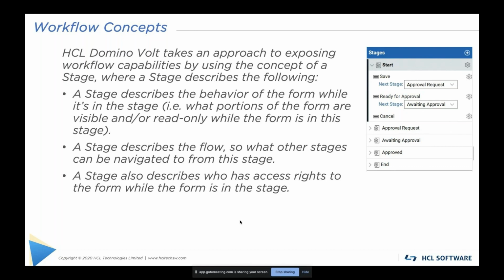It's very easy to build up a process flow within Vault with different stages, different actions within those stages, and also who has access to those, not only the form elements and items within the application, but also to that stage itself. So who can act at different stages along the way.